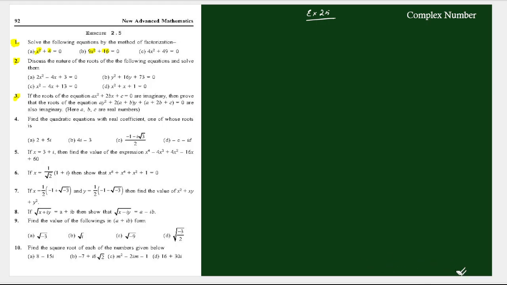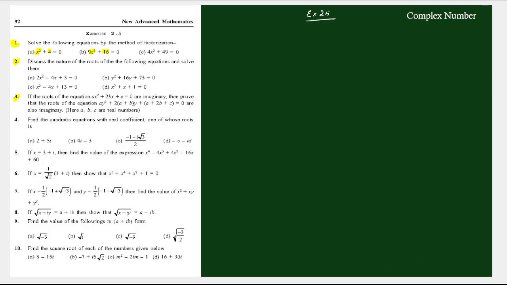The first equation says that it is imaginary, so that means the discriminant is less than 0. So we find out b square minus 4ac.